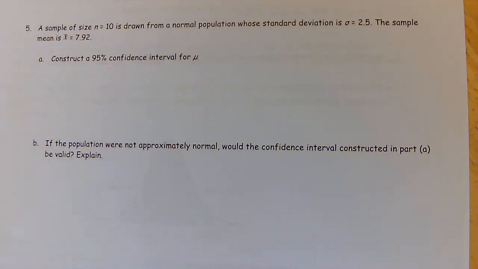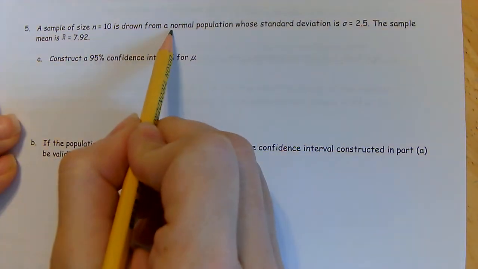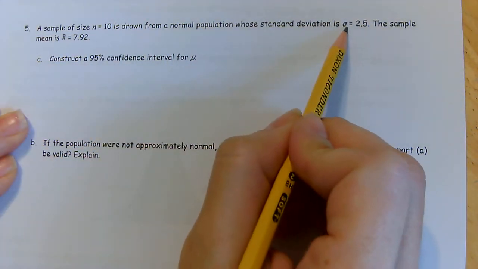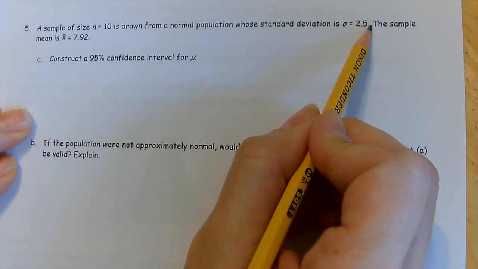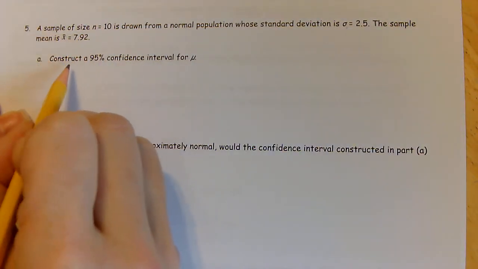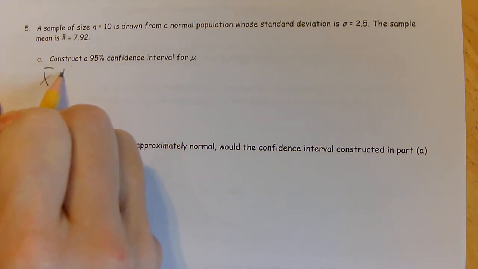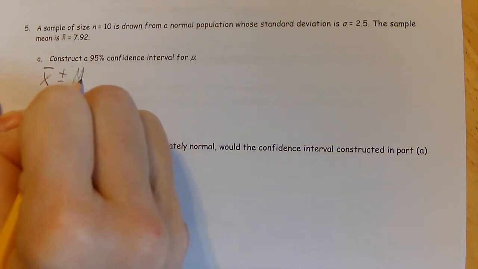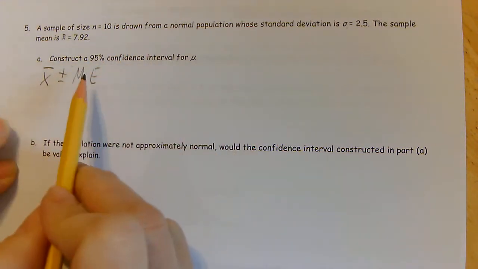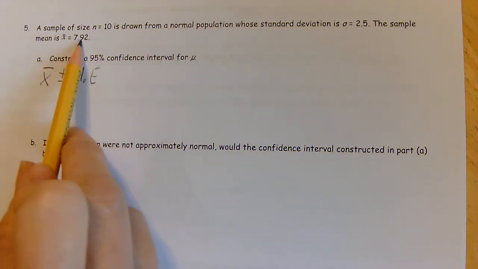Example 5, we have a sample size of 10. It's drawn from a normal population whose population standard deviation is 2.5, and we have a sample mean of 7.92. We're going to construct a 95% confidence interval for the true population mean, which means we're going to calculate the margin of error, then add and subtract it to our sample mean.